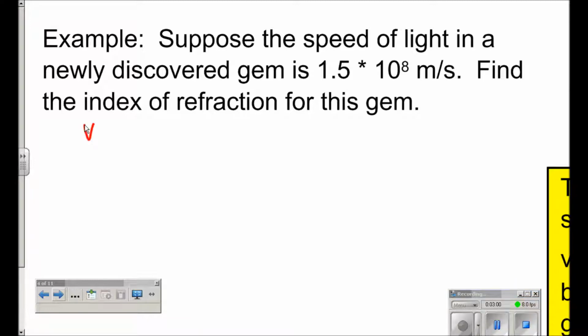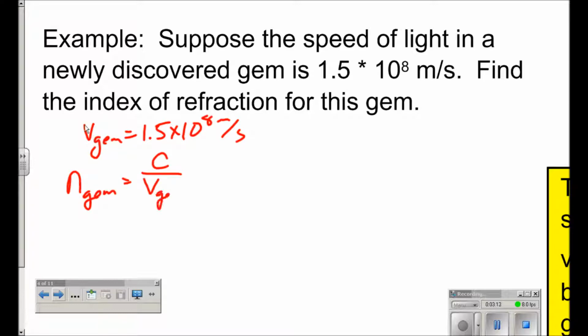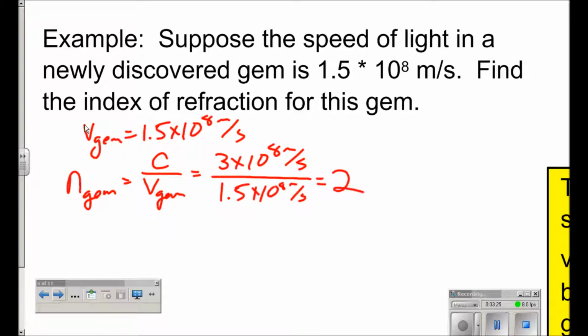To find the index of refraction for this gem, we would take c and divide it by the velocity of light in the gem, which is 3 × 10⁸ meters per second divided by 1.5 × 10⁸ meters per second, and it gives us 2. Notice there are no units because the meters per second cancel, so you do in fact just get 2.